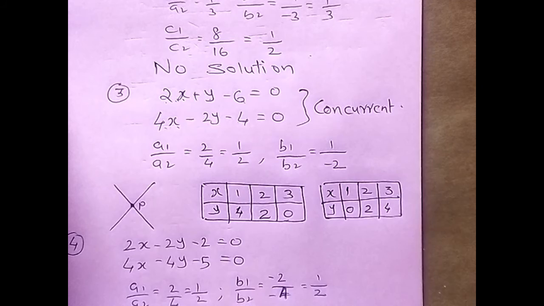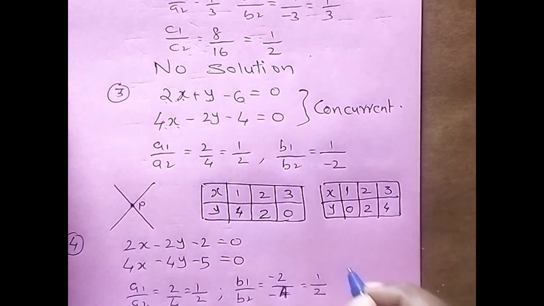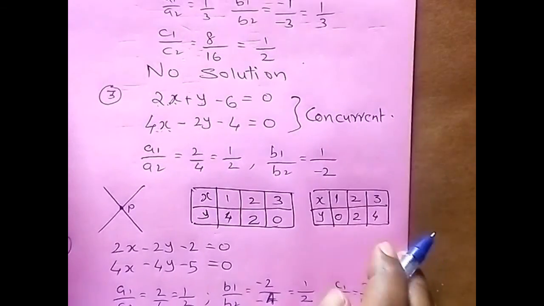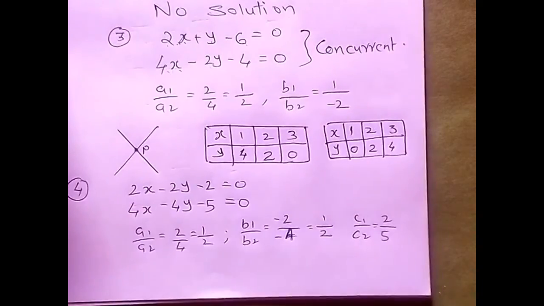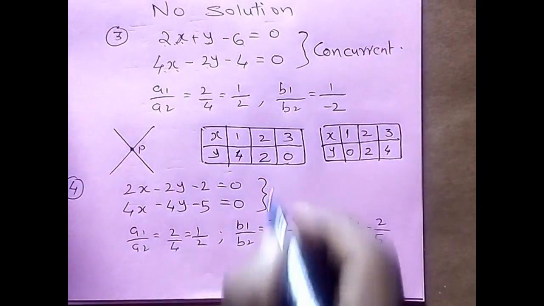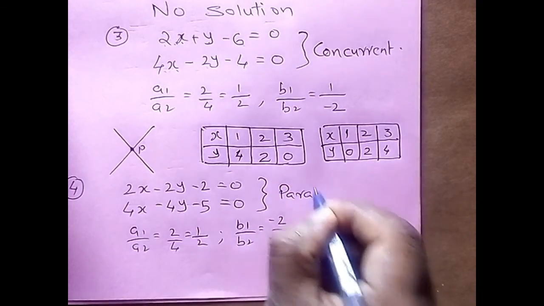So a1 by a2 is equal to b1 by b2, but c1 by c2 is 2 by 5. So a1 by a2 is equal to b1 by b2, which is not equal to c1 by c2, means these two are parallel.